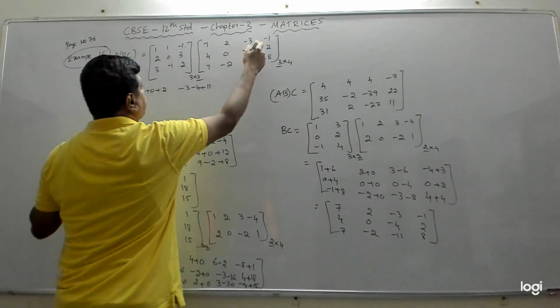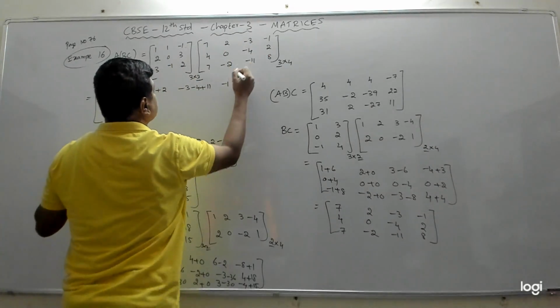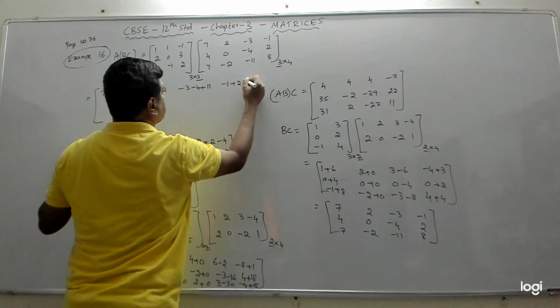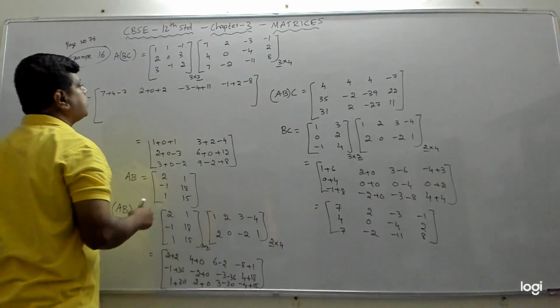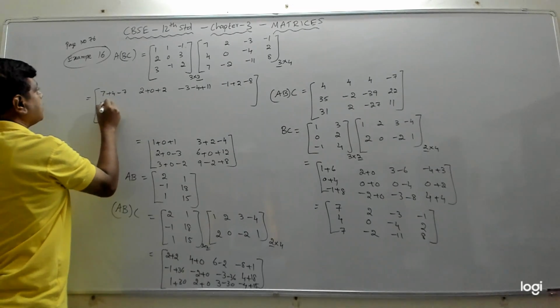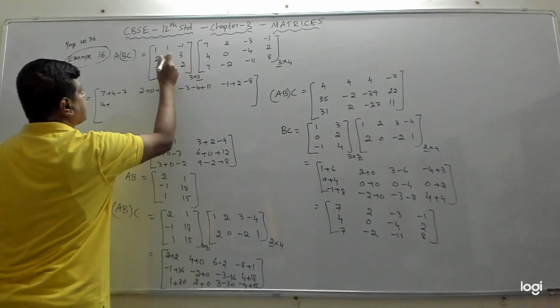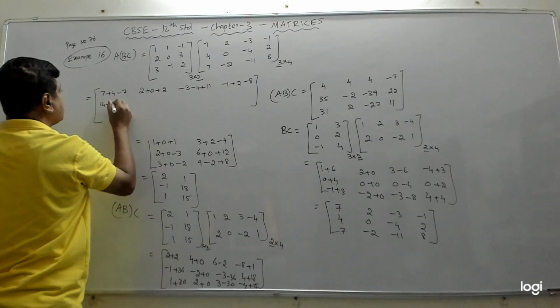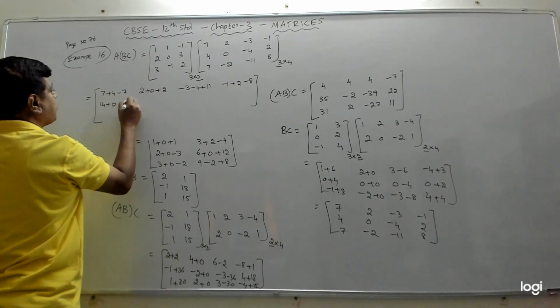Then 1 times minus 1 is minus 1, 1 times 2 is 2, minus 1 times 8 is minus 8, then 2 times 4, 7 is 14, plus 0 times 4. So, second row with the first column. 0 times 4 is 0, 3 times 7 is 21.